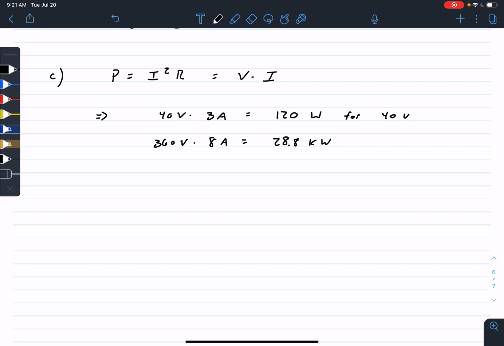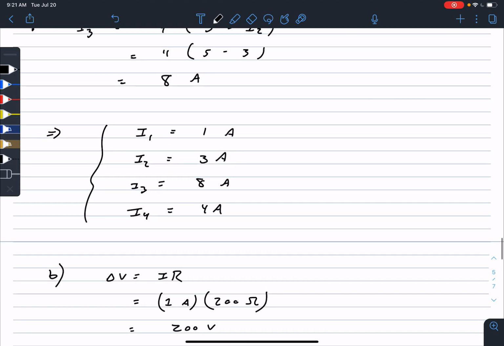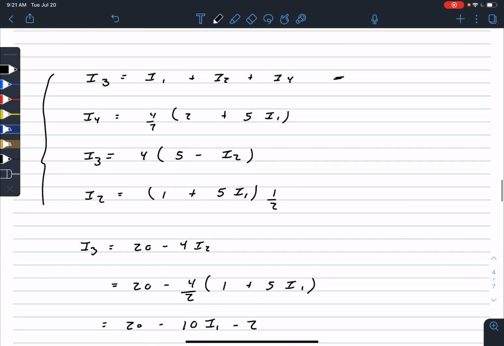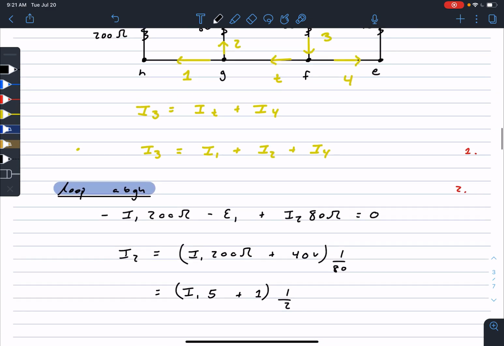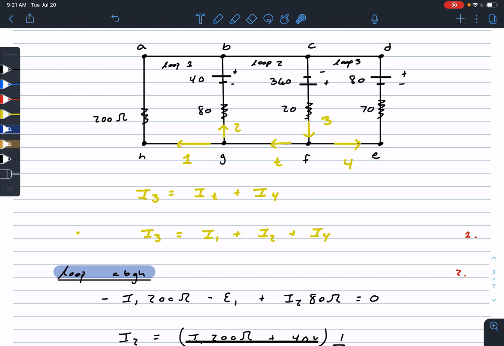That's 2.8 kilowatts, which seems pretty high. And then we had, what was the last one? I had to scroll really far. It was the 80 volt, and then current 4.